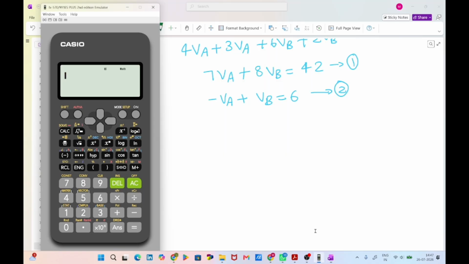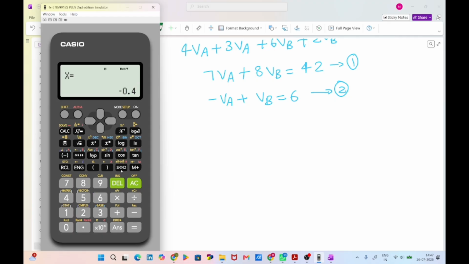Now I will open the calculator to solve these equations. Click on mode setup, then click on 5, it is in the form of aX plus bY is equal to c, and click on 1. Here it is 7, 8, 42, and here it is minus 1, 1, 6. Then click on equals.